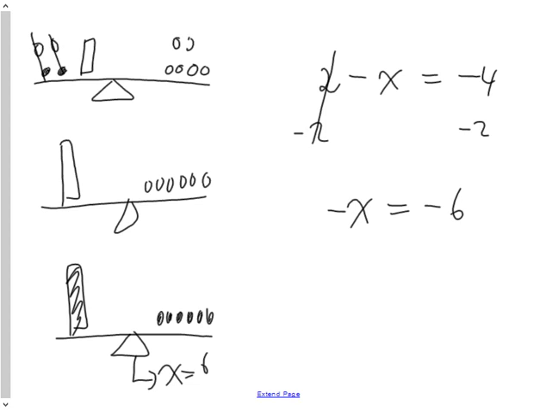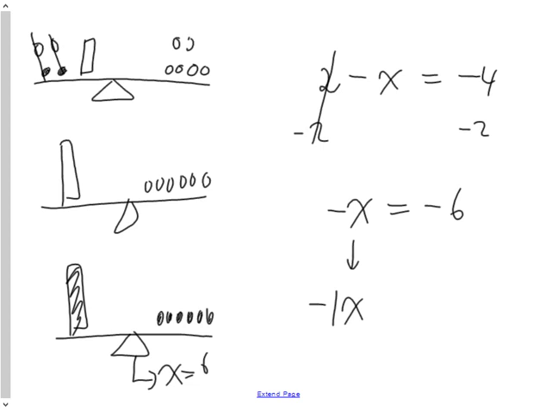Now here's where it gets interesting. I haven't talked about this yet. It's the first time I'm going to talk about it. In front of x, for example, what is the coefficient in front of x? It's 1. We never write coefficients of 1 because we know that x is just one of them. Now, what is the coefficient in front of a negative x? It's actually a -1x, okay? Now again, just like we don't write a 1 coefficient, we don't write a -1 coefficient.